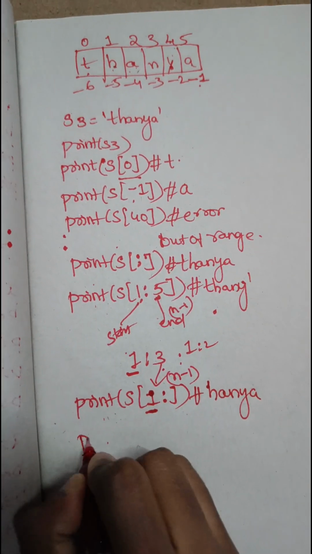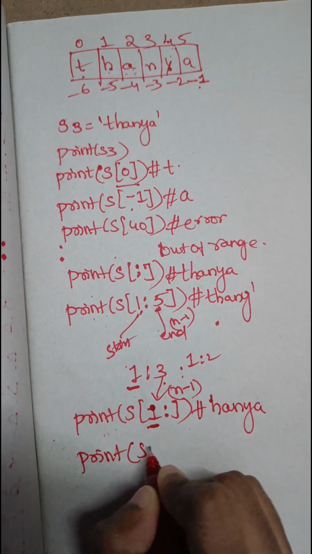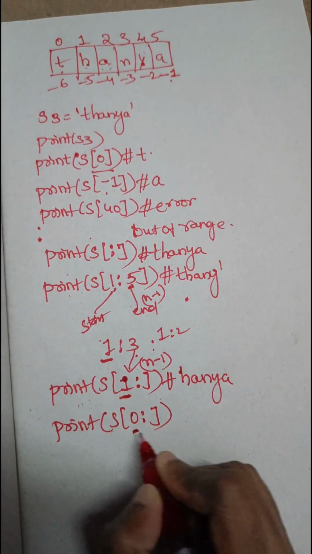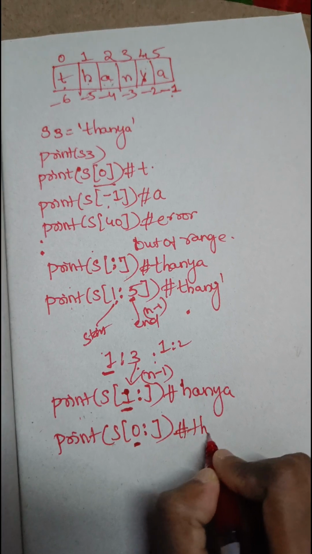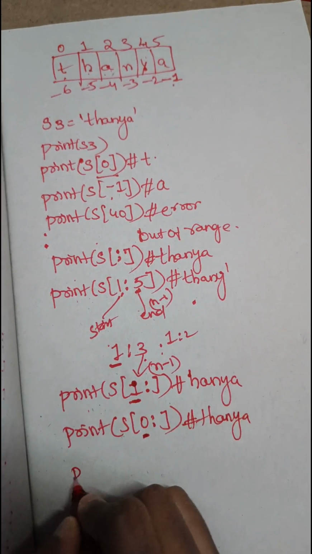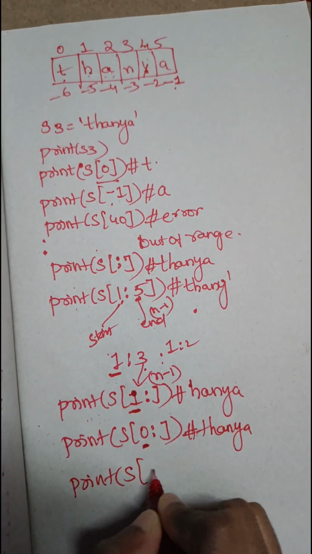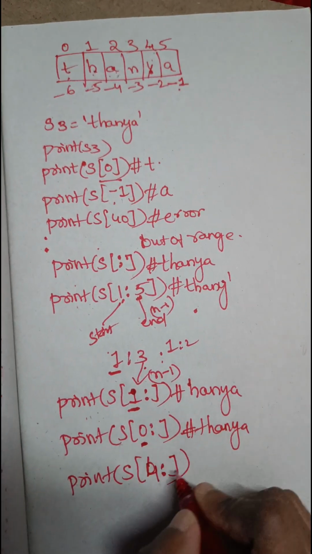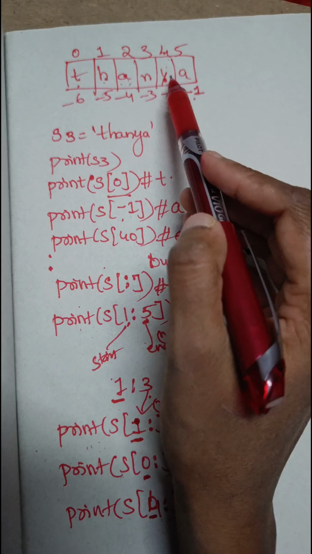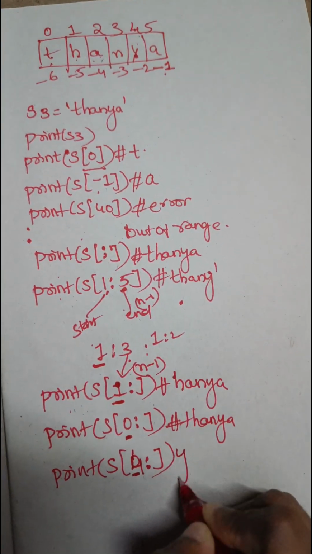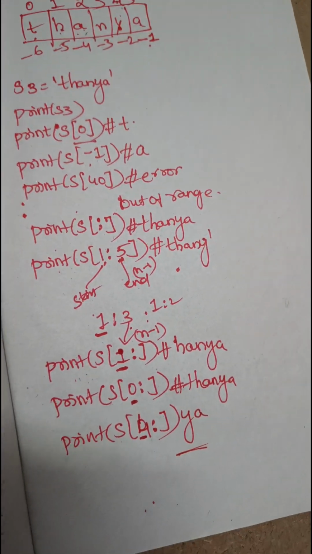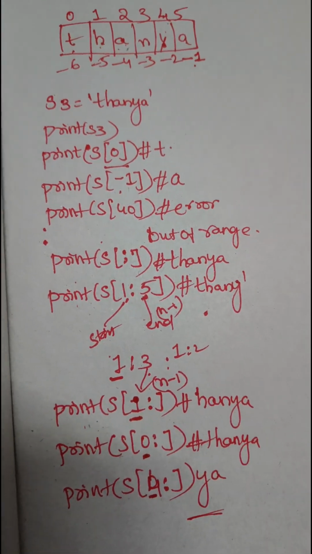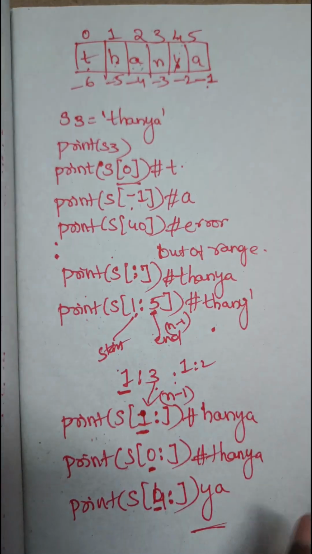Suppose it is like print of S of 0 colon, so it will be starting from 0 and the whole answer will be printed, that is Tanya. If it is like print of S of, no, not 0, I am taking 4 because we already took 0, no? So 4 means what is the fourth one here? Fourth index Y. So starting from Y and A, only these two will be printed. From where it is there till the end of the index position, that will be printed.